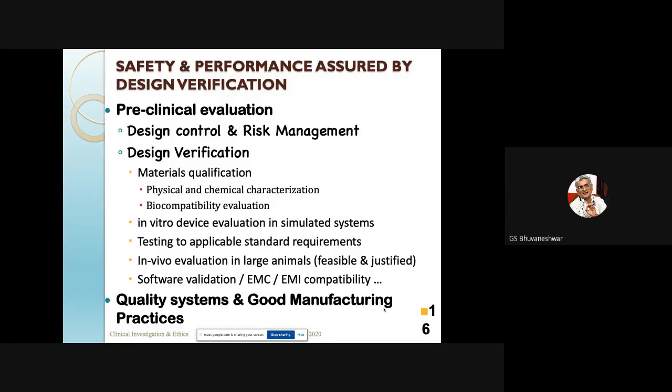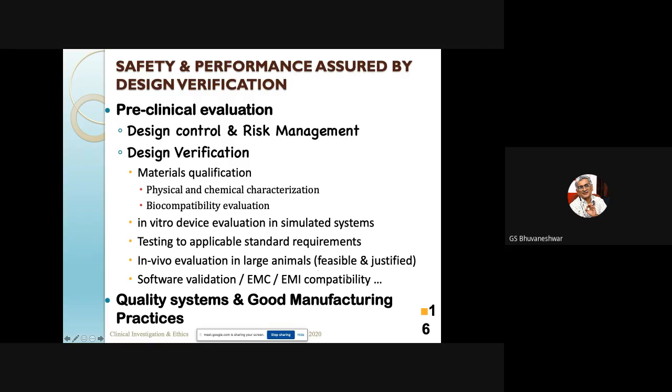Coming to the documentation, I think briefly on the preclinical data, preclinical evaluation, you have to do a design control and risk management, which is part of your documentation as you do your development. Then the preclinical design verification, including materials qualification, physical, chemical characterization, biocompatibility, all the testing you may do in simulated systems.